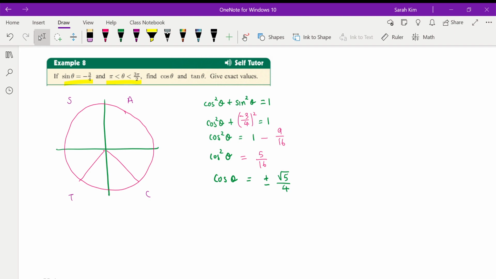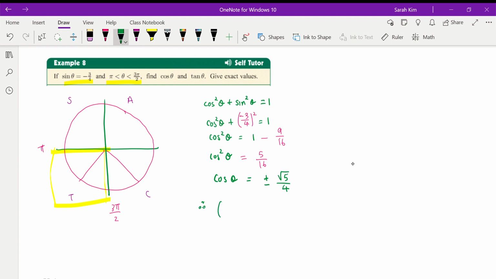So I want the answer to be in this quadrant. As you can see, my range is pi. So this is pi, and this is 3 pi over 2. So we want that to be in that answer. So hopefully I know that my answer is going to be the negative version.